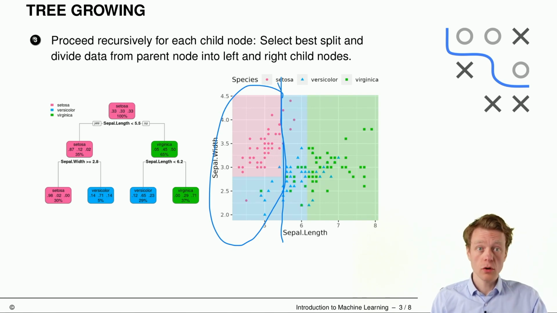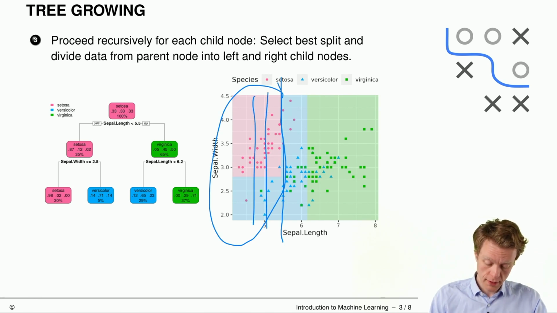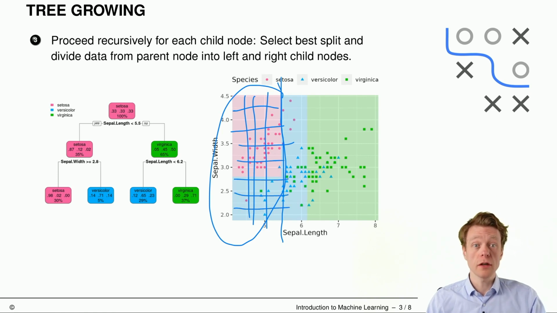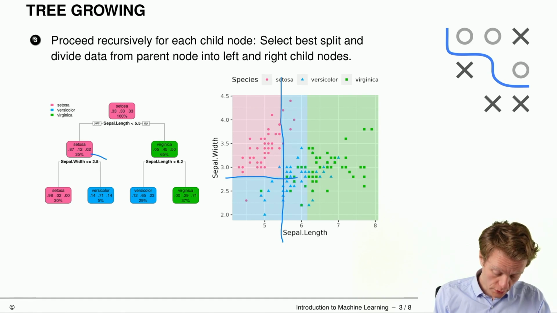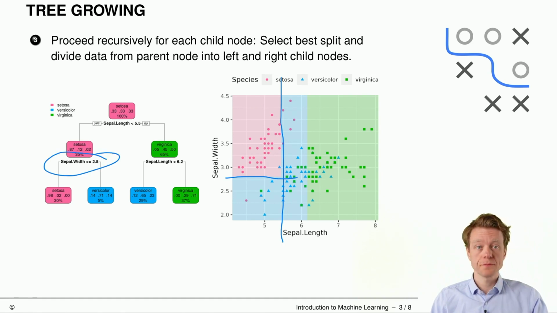So we compare all possible split points here, for example this split and that split, and so on and so on. And then we figure out somehow that the best split point here apparently is splitting at sepal width equaling 2.8.